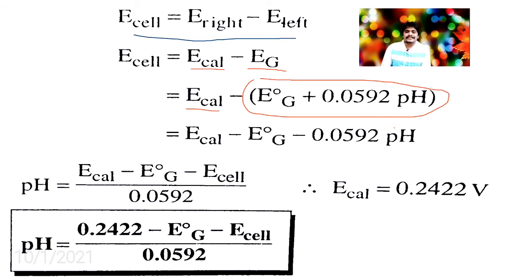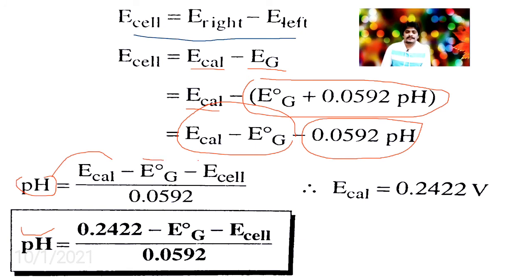Now we have to rearrange the equation so that we finally get the pH value. We have to keep the terms involving pH on one side, and take all the other terms to the other side. Accordingly, we get pH equals E calomel minus E naught G minus E cell, divided by 0.0592.